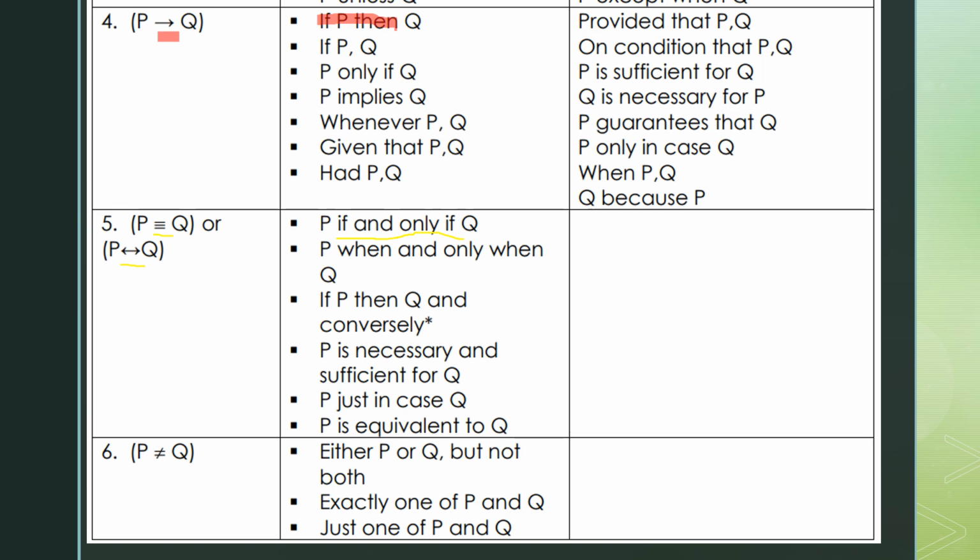I don't really know how we call this symbol. It's like an equal sign but with three lines. I think this is congruent. I'm not really sure, I just forgot. Okay, then if we have "either P or Q but not both," we have this not equal symbol. So this.